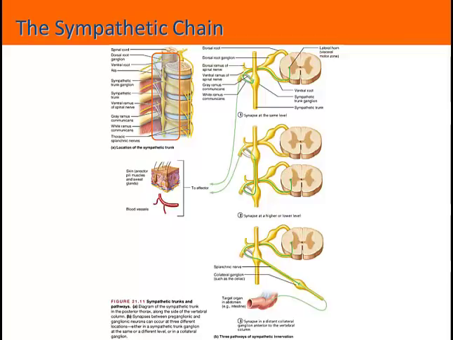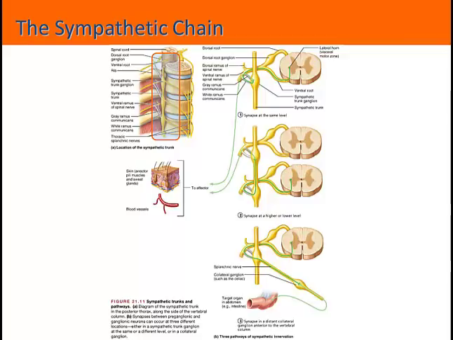It can travel up or down the sympathetic chain and synapse onto postganglionic neurons at a different level of the spinal cord, or it can travel through the sympathetic ganglion and go to a collateral ganglion, which is located away from the sympathetic chain. And that's really an arrangement that leads to innervation of many of the organs in the abdominal cavity. And so really what this arrangement allows for is a very widespread sympathetic response.